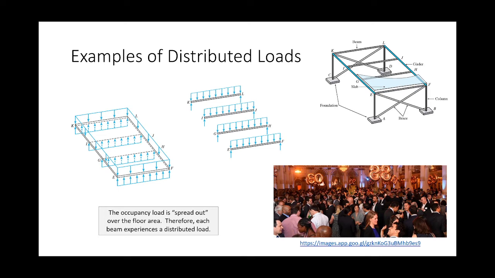So ASCE does more than just student competitions and concrete canoes. They are a large professional organization, and one of the things that they do is they convene a series of technical committees that publish documents to make decisions like that easier for you as an engineer. And so ASCE 7 publishes standard loads that you would use for office buildings, theaters, hockey rinks, whatever.